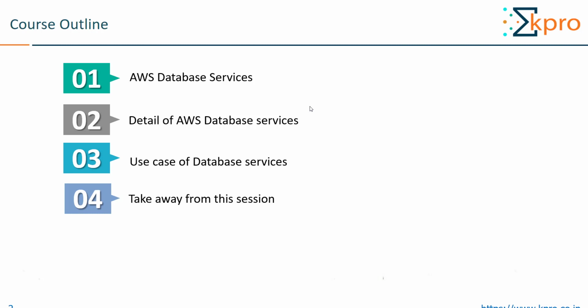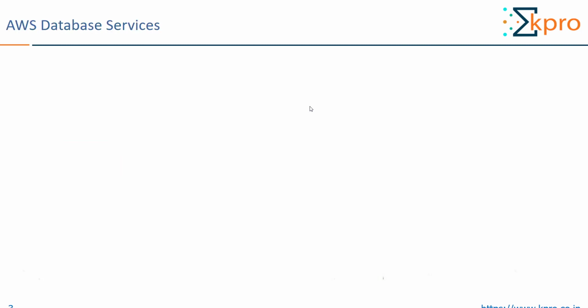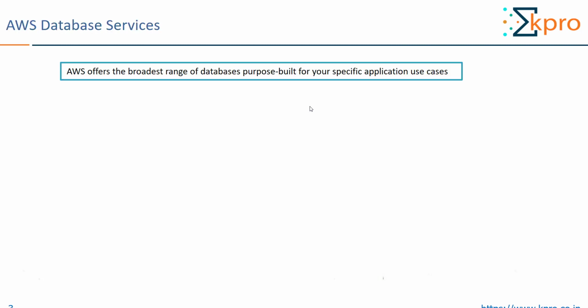So let's start. AWS database services. AWS offers a broad range of databases purpose-built for your specific application use case. So according to your application use case, you can use a database service of AWS. Well, I just wanted to take you a bit back to when we were discussing the EC2 server.